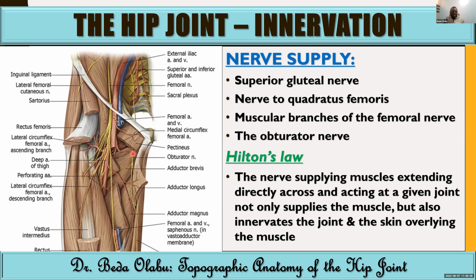So if you know the muscles that cross this particular joint, the nerves that go to them most likely will supply this particular joint.